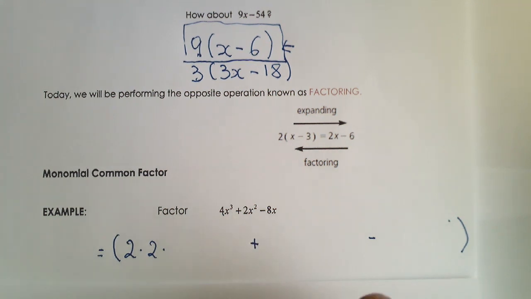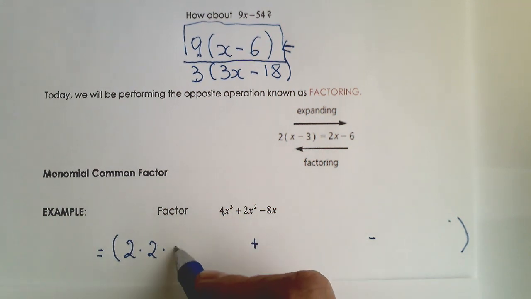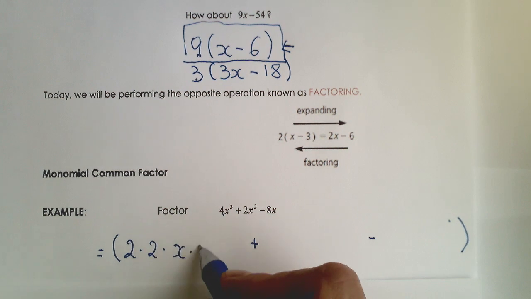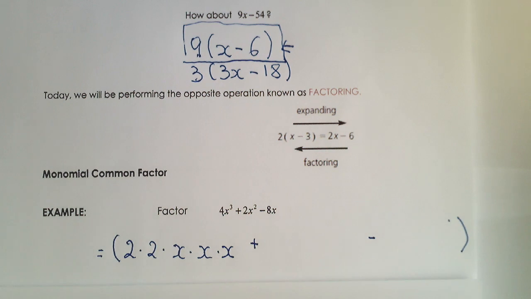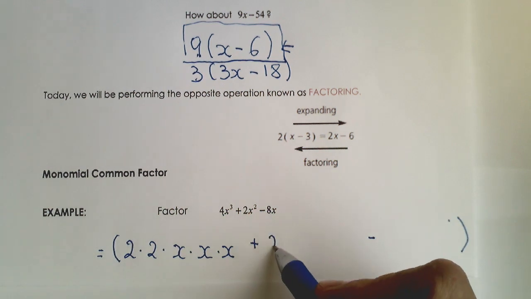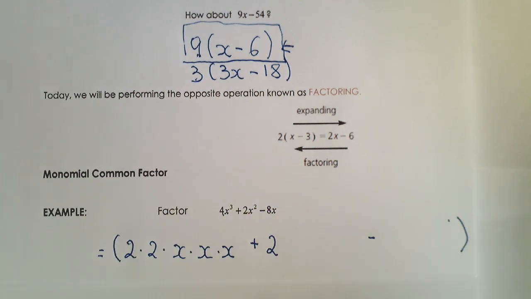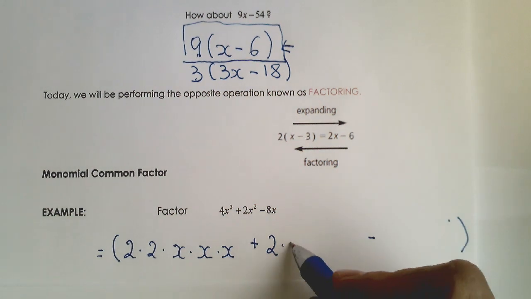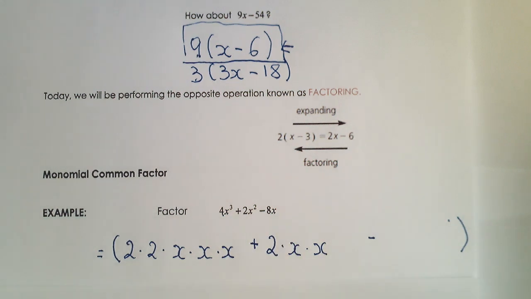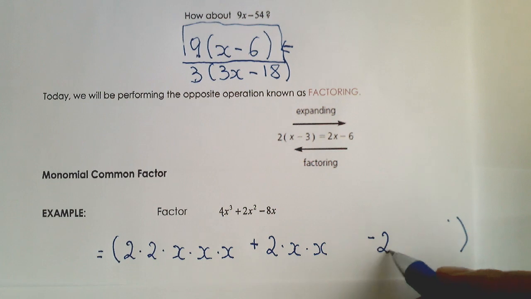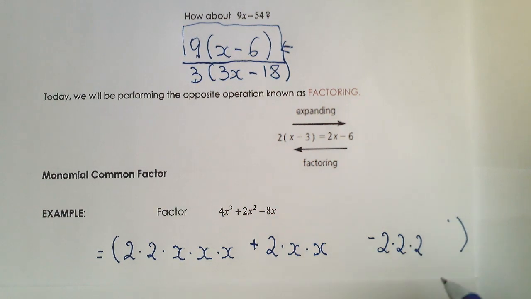Again, I can write it as a product of smaller factors, so x times x times x. And then I'm going to look at the second term. The second term could be written as 2, just times 1, we don't write 1, and then x times x for this variable. And the last term, 8: the prime factors will be 2 times 2 is 4, times 2 is 8, and then only x once.